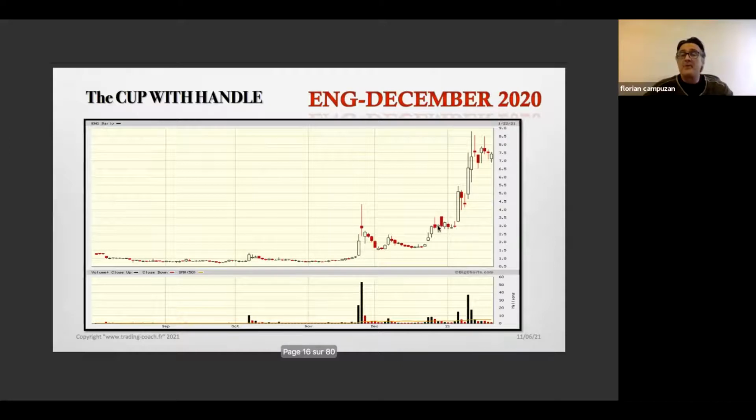I had no reason to exit, so I remember that I stayed on the stock, and the stock went about, I don't remember, 200%. Okay, you have stocks like this. Many people avoid those stocks because I suppose they look at the fundamentals, and they are not really happy with those, so they avoid them.